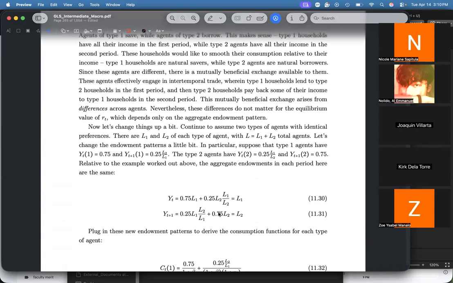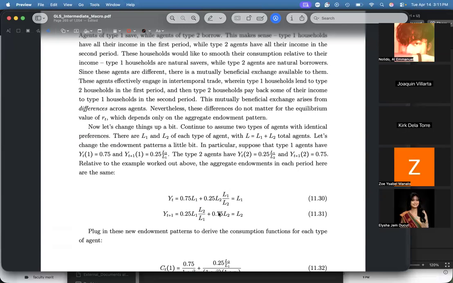Now, this next part, which I will skip, basically tells you that you could have a different combination of income between agent 1 and 2. And as long as this restriction holds, the total number will not change. Your total L will not change.